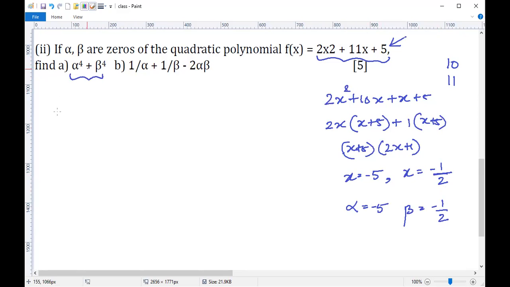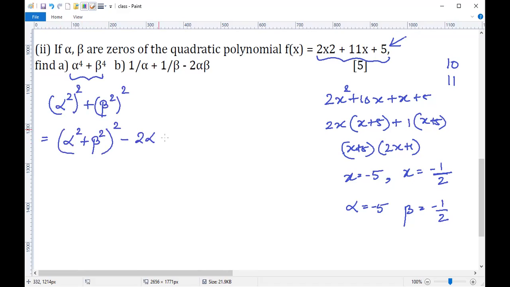What is alpha power 4 plus beta power 4? I can write it as alpha squared whole squared plus beta squared whole squared. And this in turn I can write as alpha squared plus beta squared, whose formula do I need to write? Alpha plus beta whole squared minus 2 alpha beta.